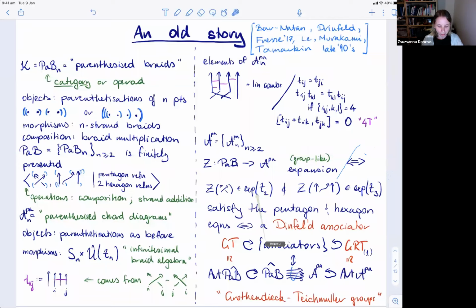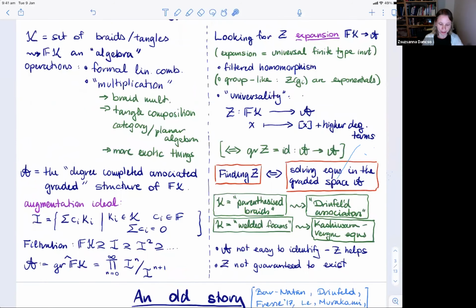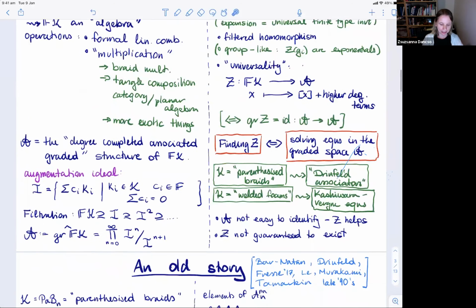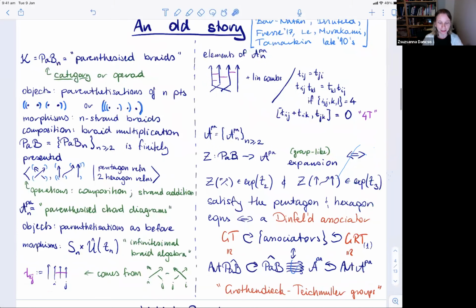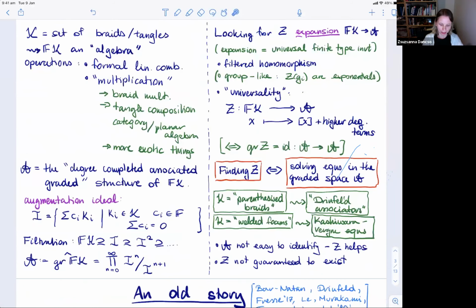And this comes from, remember, this associated graded is a direct product of these quotients I^n mod I^(n+1). And this guy lives in degree 1. So this would come from something in just I mod I squared, and I is the augmentation ideal.